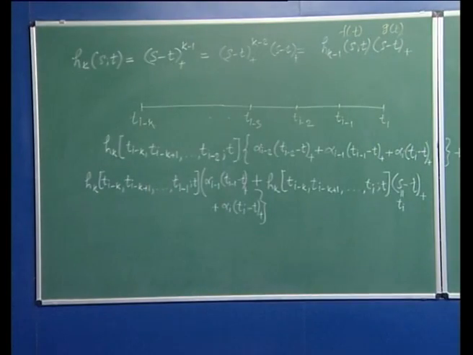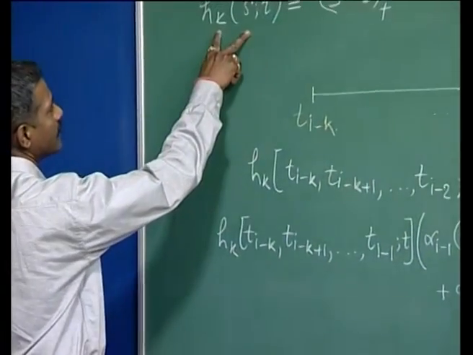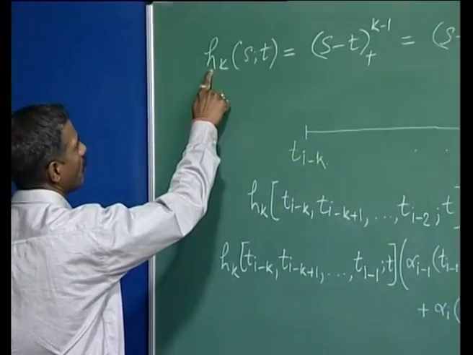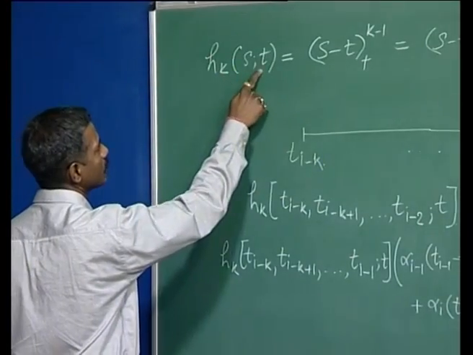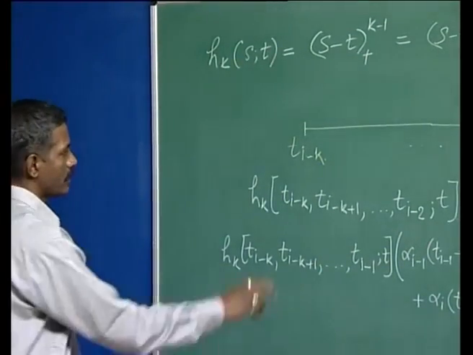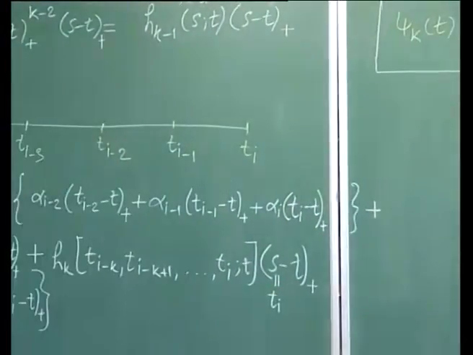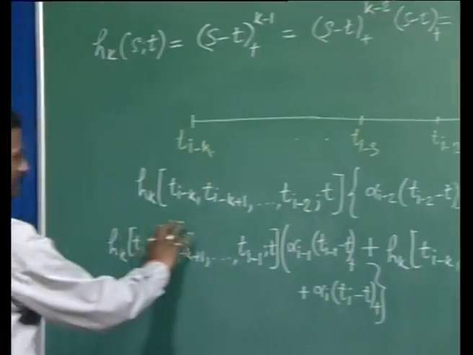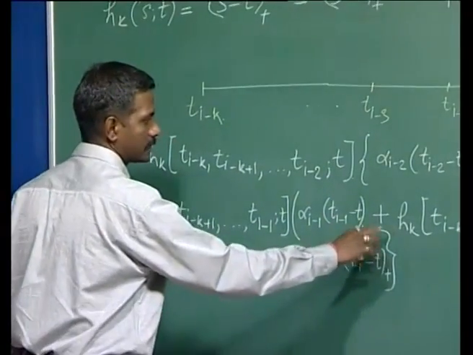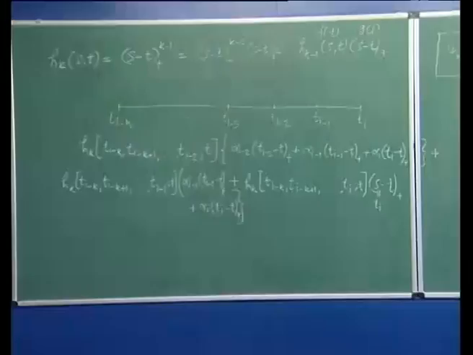So once again, the last three terms of the kth divided difference of h_k(s; t) are this expression plus this expression here plus this expression.